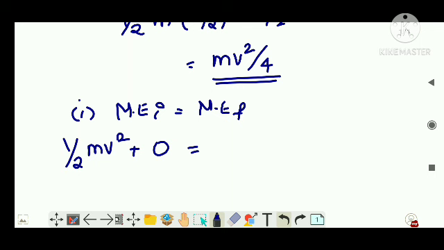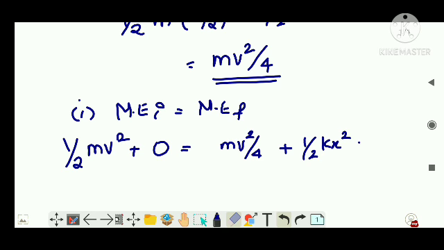Now A comes to rest, right? But B and C are moving with half the velocity, so mV squared by 4, clear? Plus the potential energy of the spring. I hope you understood. You are asking how this mV squared by 4 comes: that is what you found in the previous section, the final kinetic energy of the system, mV squared by 4.